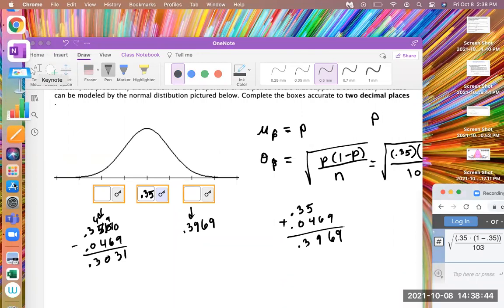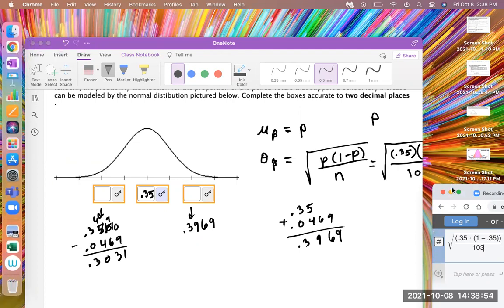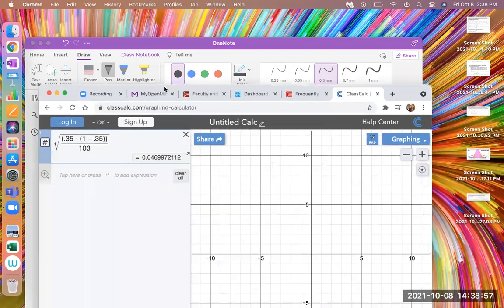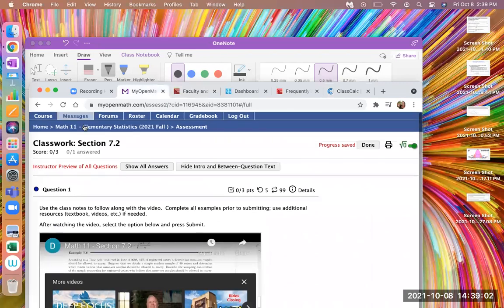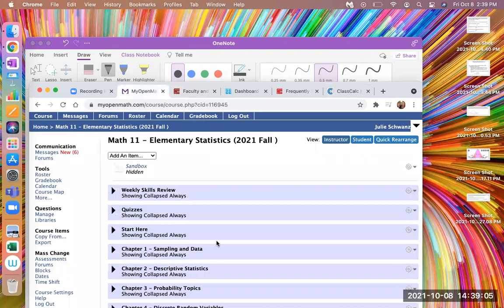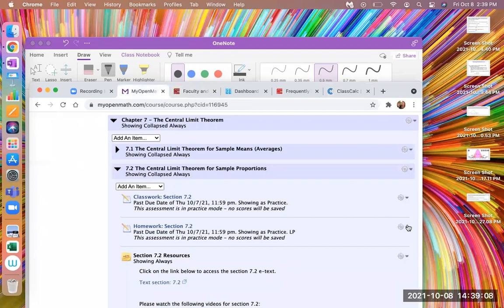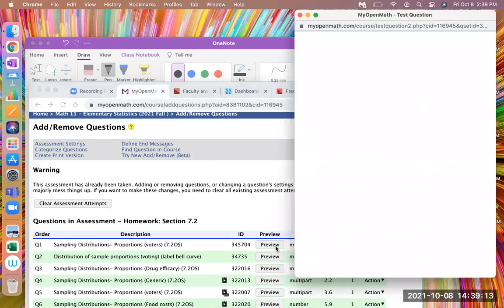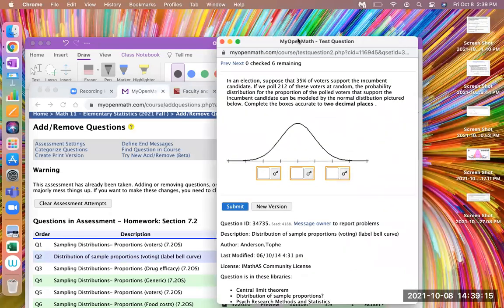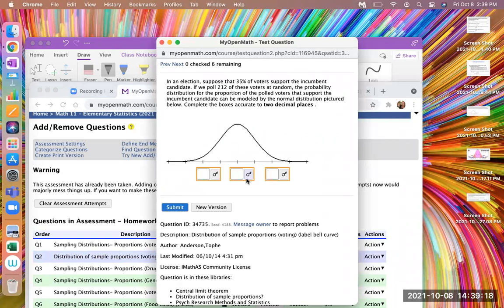Oh, because it's way down here. Oh, this one's a slightly different problem, but let me just check the answer with this one really fast.